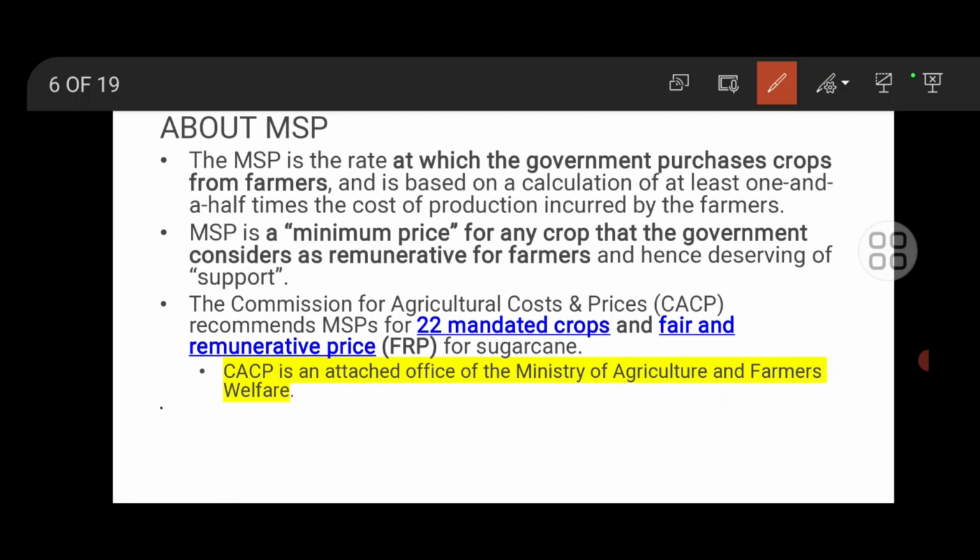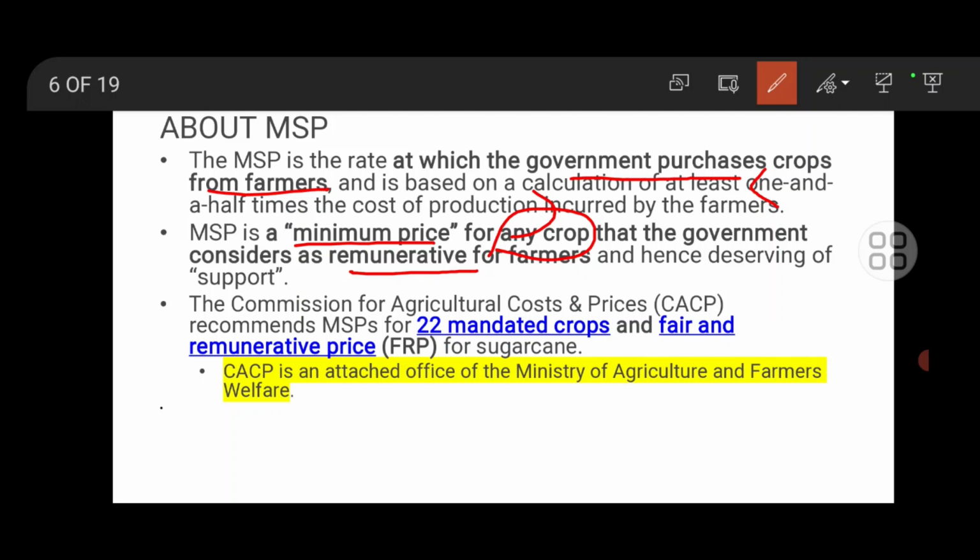MSP is the price at which the government purchases crops from farmers, and that must be at least one and a half times the cost of production. So MSP is a minimum price for any crop. The government considers that price as remunerative.